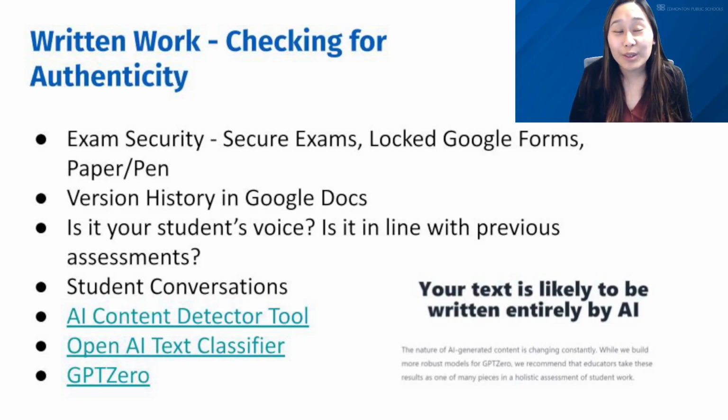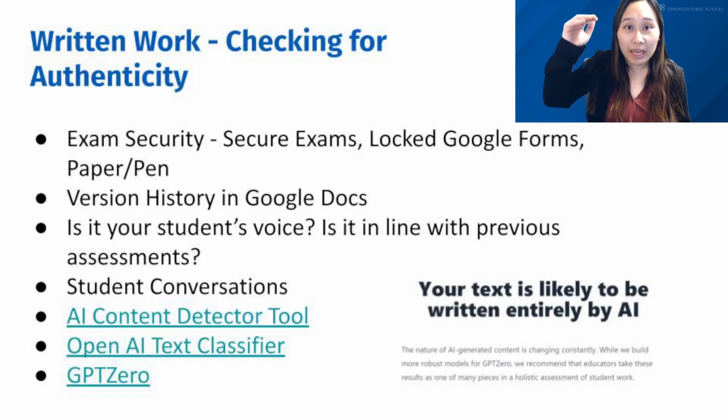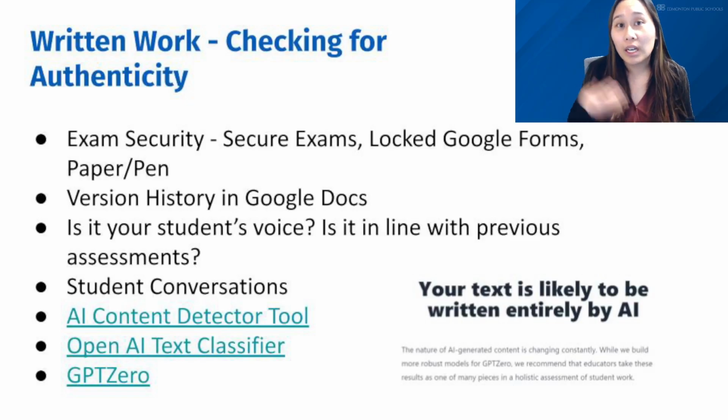Version history in Google Docs is a wonderful place to check for authenticity. So with version history, you can see, did they copy and paste everything in, or did they type word by word as they were going? Is it your student's voice, or is it in line with previous assessments? And of course, having those conversations with students to really check for authenticity and recognizing if it truly is your student's voice or your student's ideas.